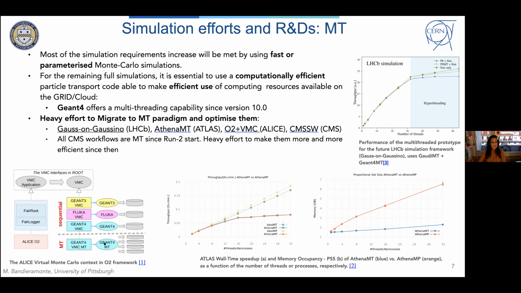And ALICE, for example, is working on the O2 plus VMC system that will provide the multi-threaded capability thanks to Geant4, which is the only engine actually supporting a multi-threaded capability. So Geant4 will become more and more important also for the ALICE experiment.